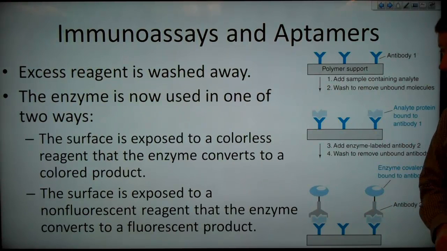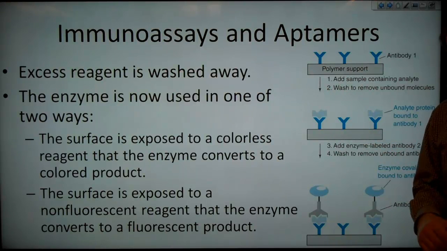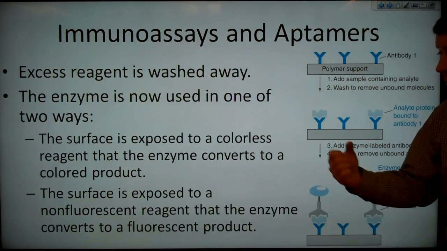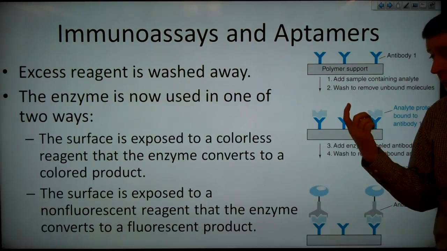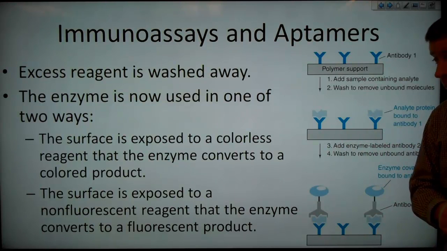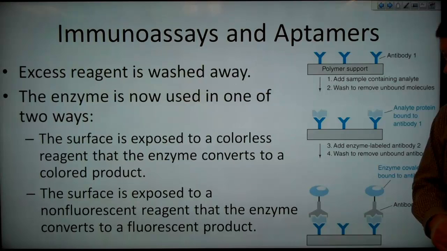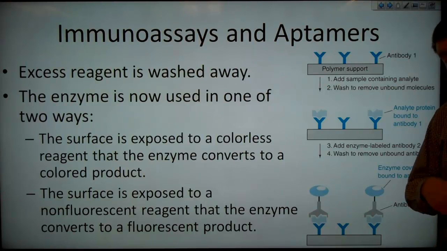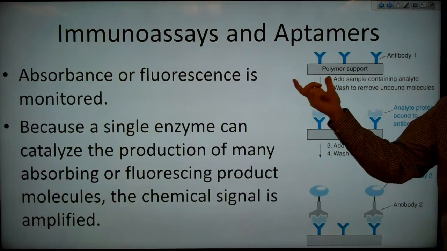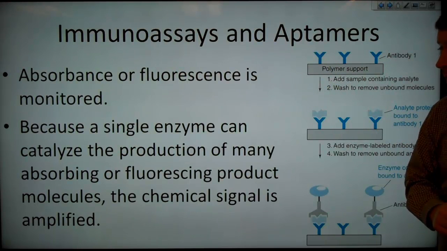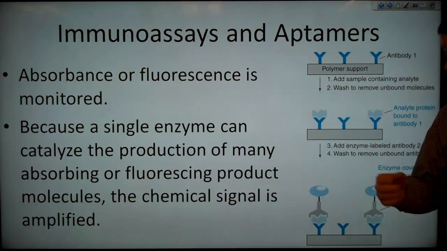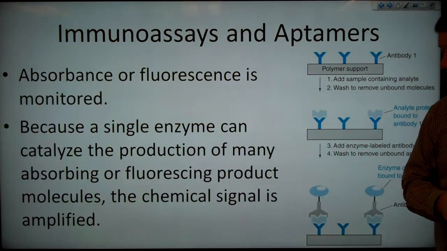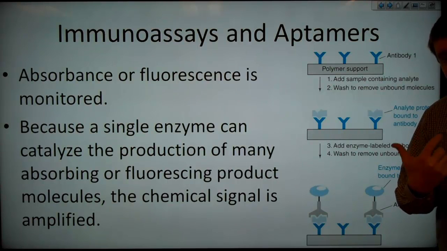Next, excess reagent is washed away, and the enzyme is used in one of two ways. Either the surface is exposed to a colorless reagent that the enzyme converts to a colored product, or the surface is exposed to a non-fluorescent reagent that the enzyme converts into a fluorescent product. Then the absorbance or fluorescence is monitored, and because a single enzyme can catalyze the production of many absorbing or fluorescing product molecules, the chemical signal is amplified.